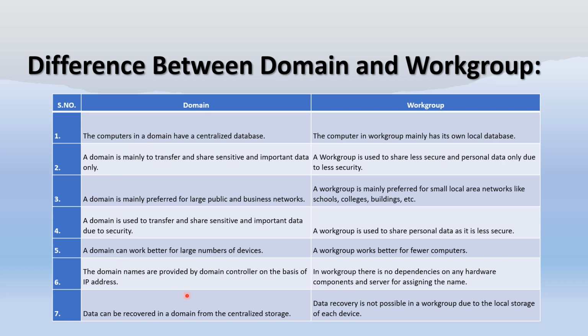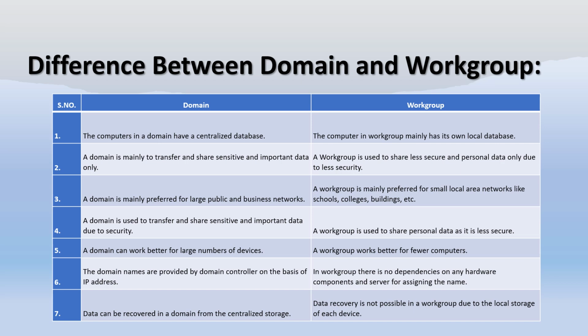In a domain, the domain controller is used to assign the name for that particular PC, and in a workgroup there is no dependency or hardware to assign the name. And if you lose any data while working, you can recover it from the centralized storage in a domain. In a workgroup, we don't have centralized storage, only local storage. If you lose it, we cannot retrieve it back.